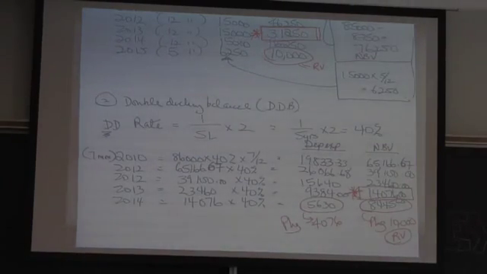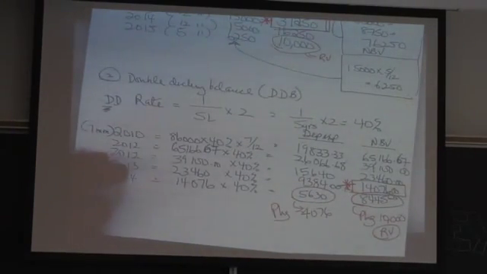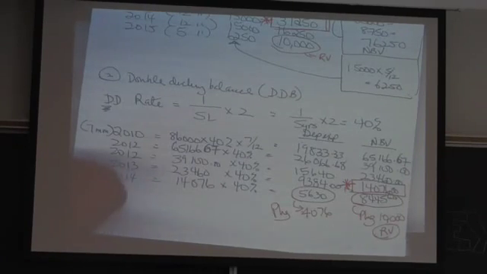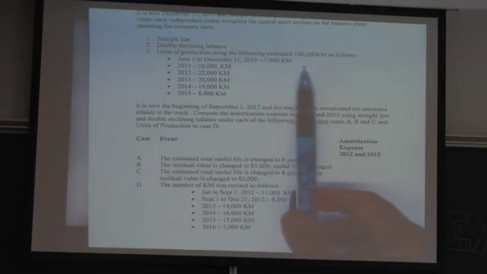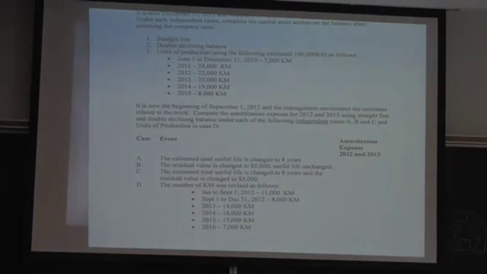Now, let's take a look at the third part of the question, which uses the units of production. Let's go back to the question. It says the units of production use the following estimate. There were 100,000 kilometers that we plan to utilize this truck. For the first year, because we bought it on June 1st, the number of kilometers is only 7,000.